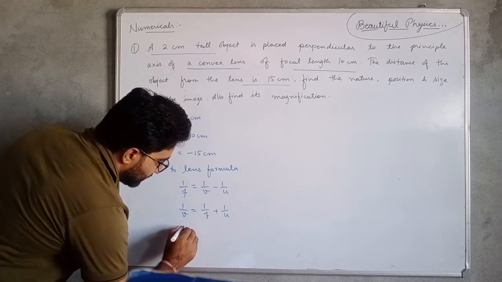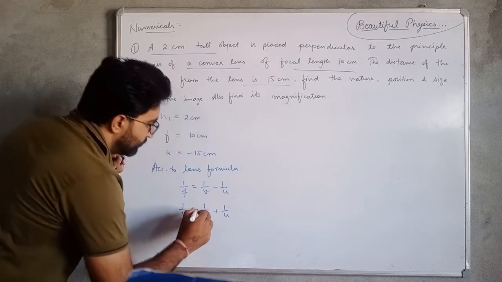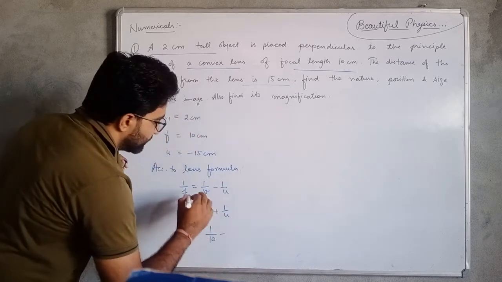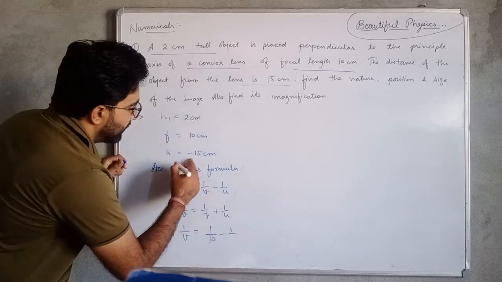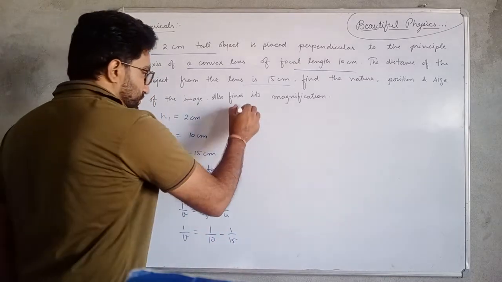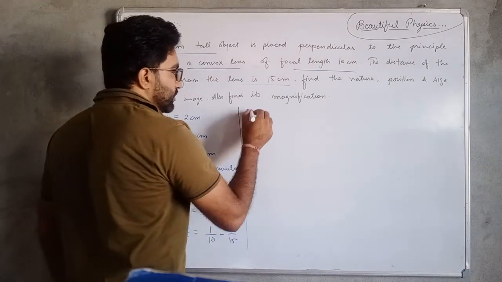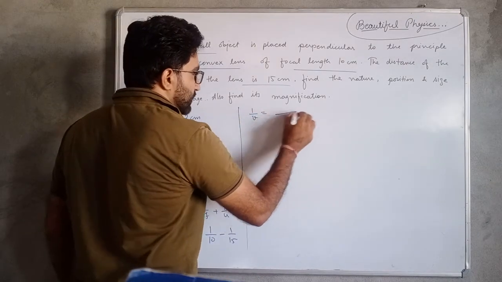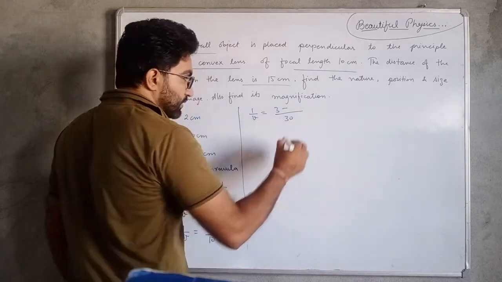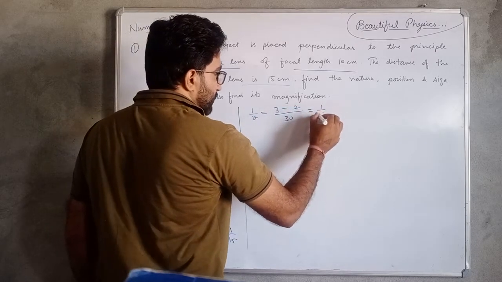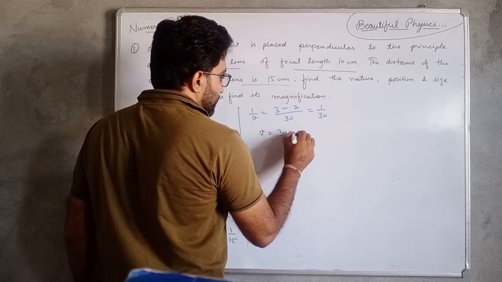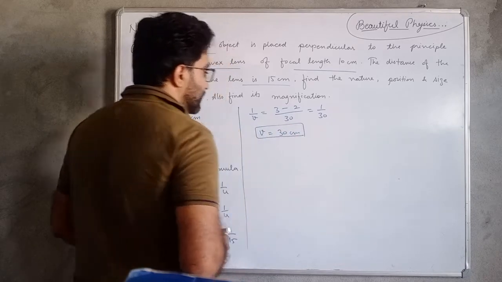Let's put the values. 1 by v will be equal to, in place of f we will put 10, 1 by 10 plus, in place of u we will put minus 15, and minus here comes. When we solve these values, 1 by v is equal to, 30 will be the LCM, and here we have 3 minus 2. It will be equal to 1 by 30. So v will be equal to 30 centimeter.